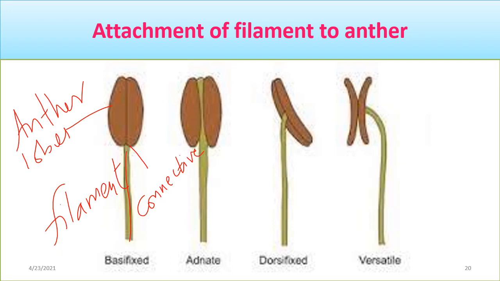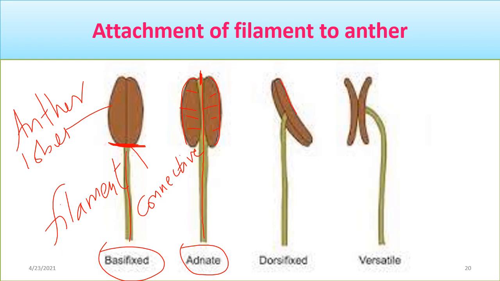Now if you look in this first picture, this connective is attached to the base of anther lobes, and hence this is called basifixed. In the second picture you can see that this filament is extended beyond the length of this anther lobe. This is going up, crossing that, but this is very closely attached, firmly attached to the filament, and this is called adnate.